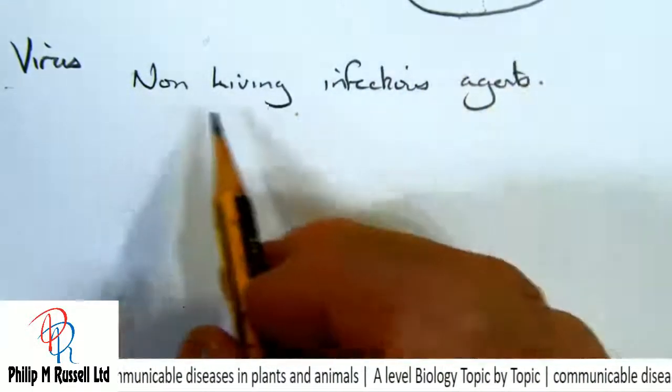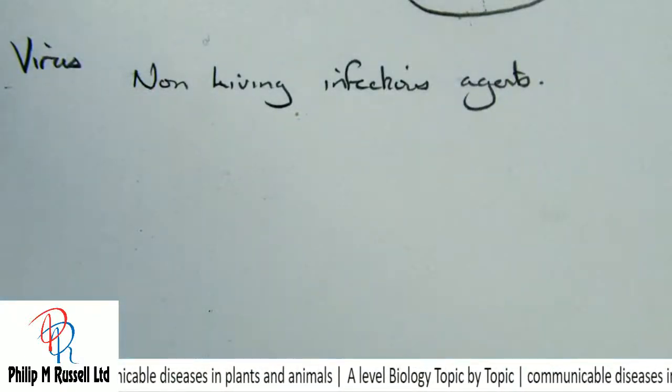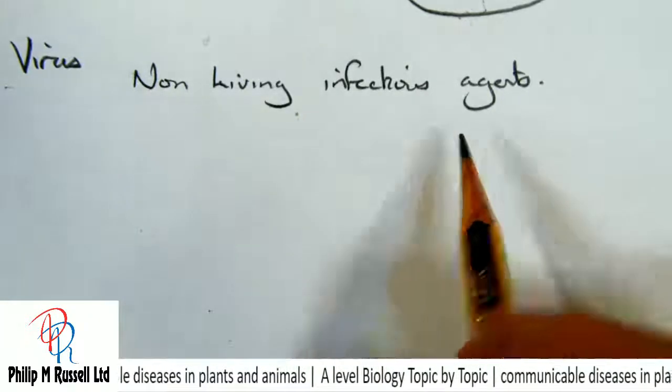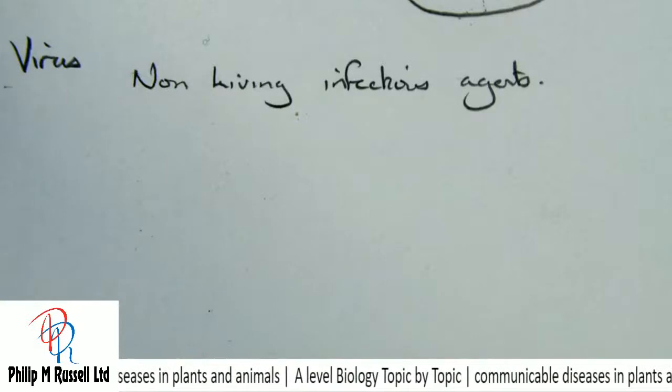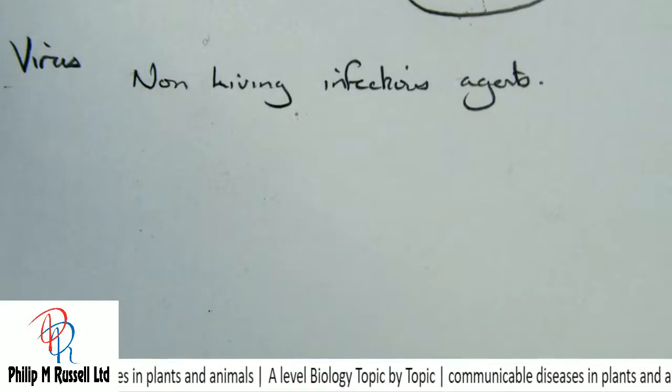And many people find it very hard to understand why you can't destroy something like a virus. But if it's not alive, you can't kill it. You can't modify, I suppose, the simple environment to try and get it.